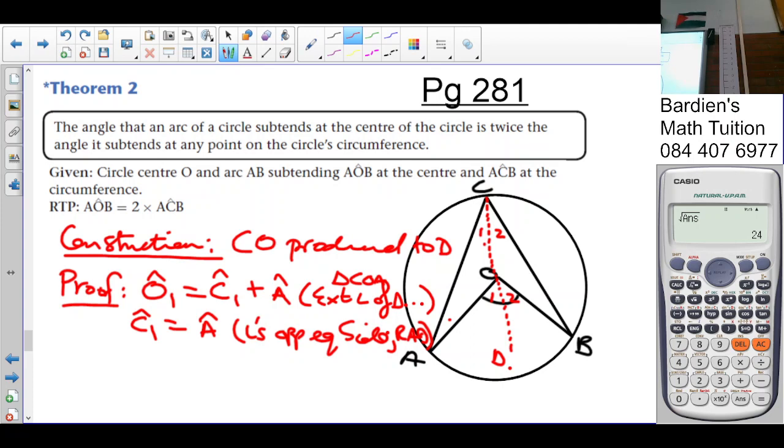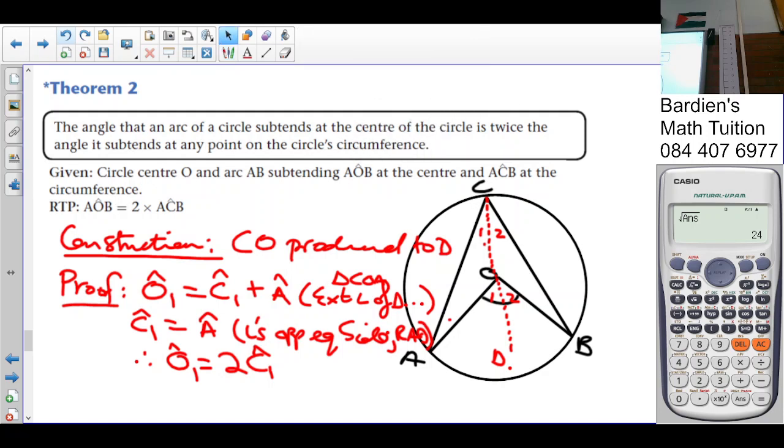Otherwise you have to say OA is equal to OC, radii, and then say angles opposite equal sides. But it's easier to just mention your radius. So angle O1 is equal to C1 plus angle A, which is also C1. So what's C1 plus C1? 2C1. Therefore angle O1 is equal to twice C1. You all okay with that? Alright, let's carry on.